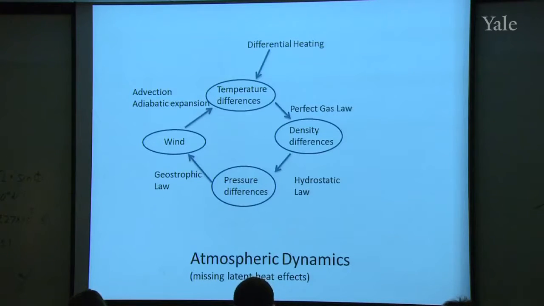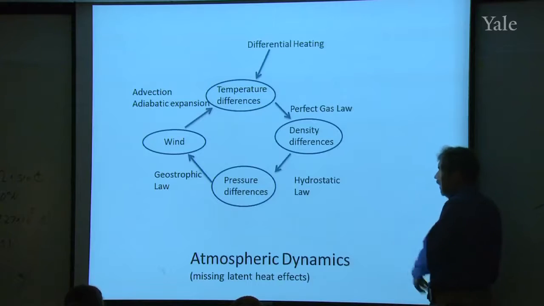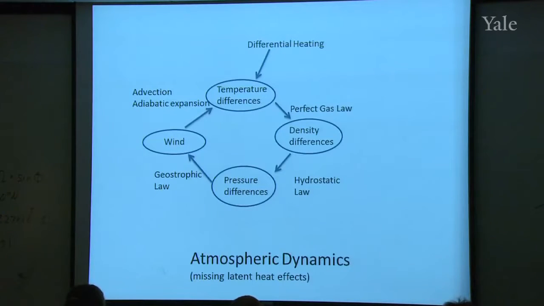So I constructed this diagram, which I'm simply calling atmospheric dynamics. It's kind of a box diagram that tries to point out some of the causality. The reason I think it's appropriate to bring it in at this point in the course is that you've already dabbled with a number of these concepts, so I think you can appreciate the way some of these linkages work.